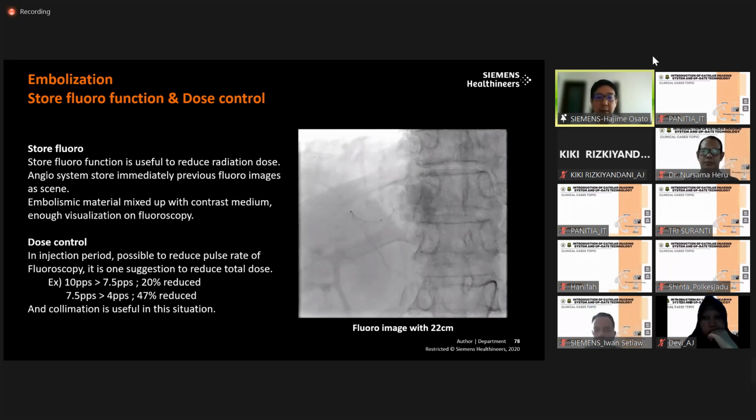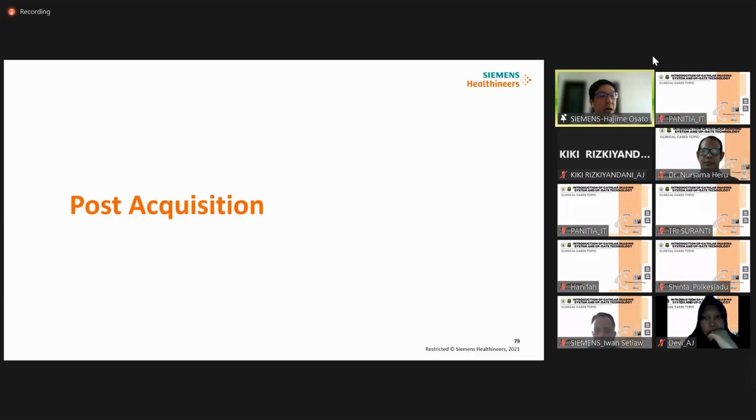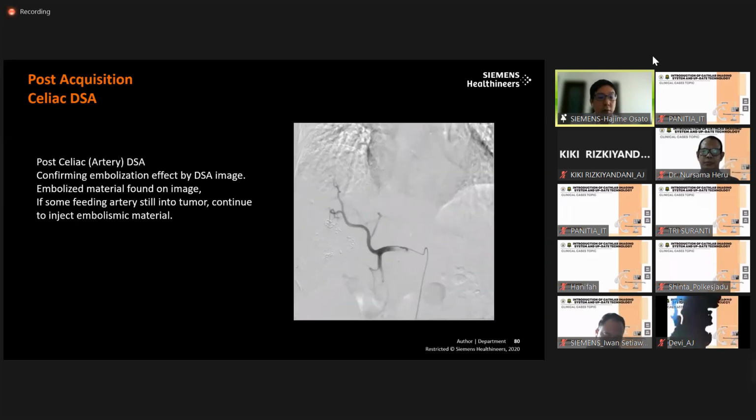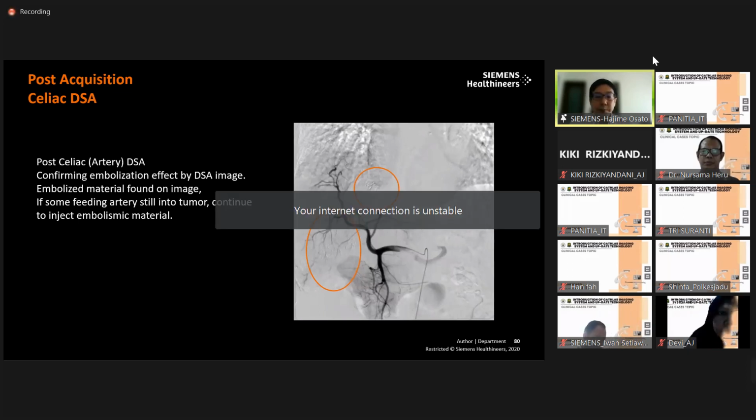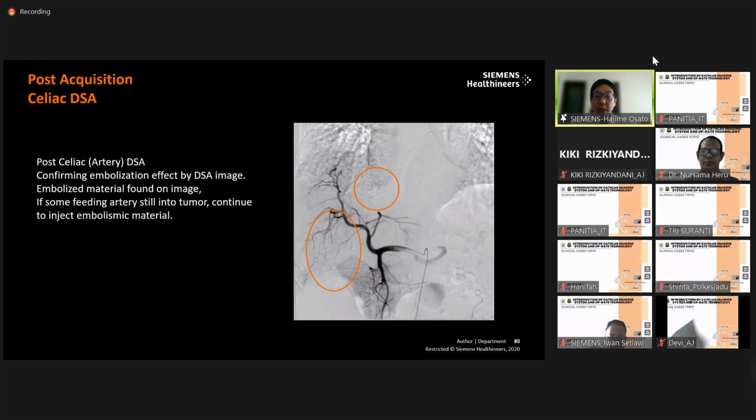All right, so after embolization, the doctor confirms the embolization effect by DSA. Now the embolized material is found on the image, and if some feeding artery still goes into the tumor, they continue to inject embolic material again.